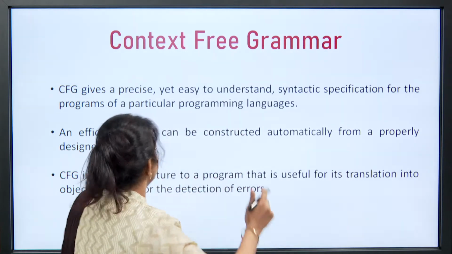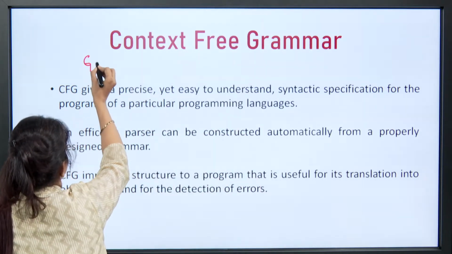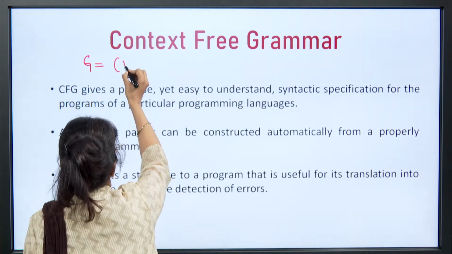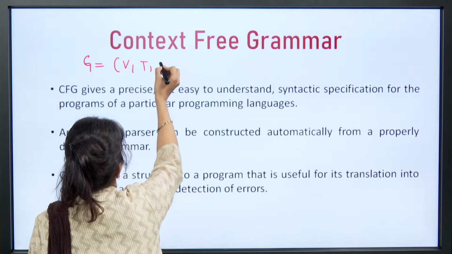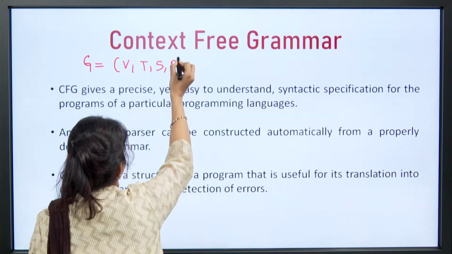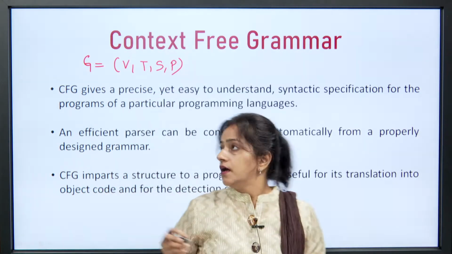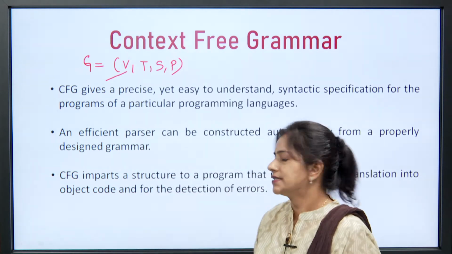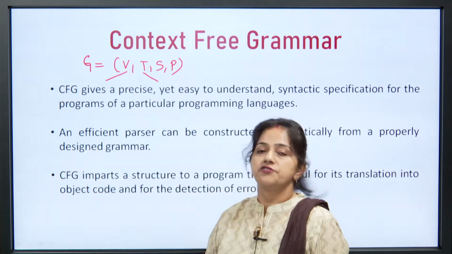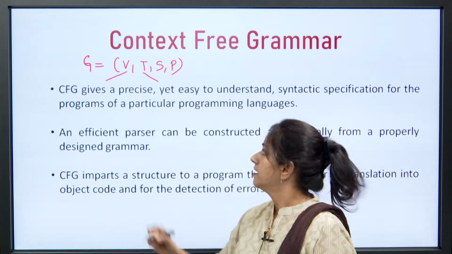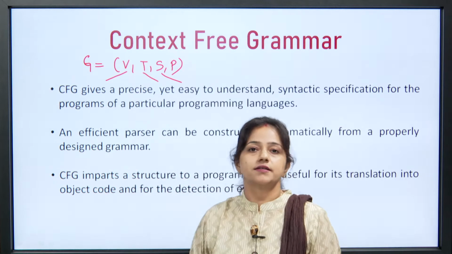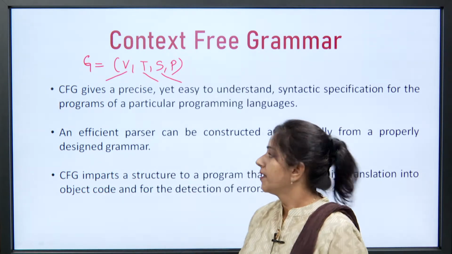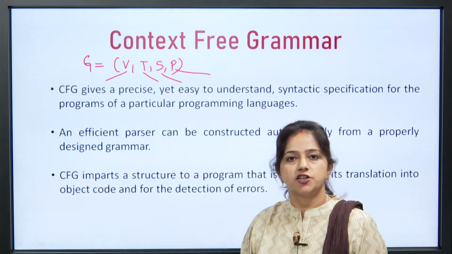A formal grammar, say capital G, can be defined using 4 tuples: V, T, S and P. Here capital V stands for a finite set of non-terminals, capital T stands for a finite set of terminals, capital S stands for the start symbol of the grammar, where S is a member of capital V, and P stands for the production rules.